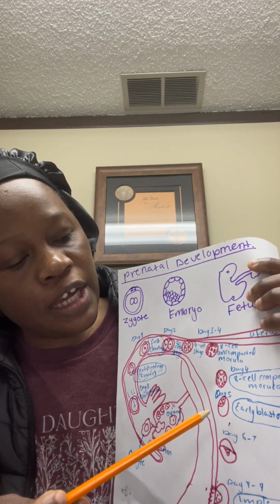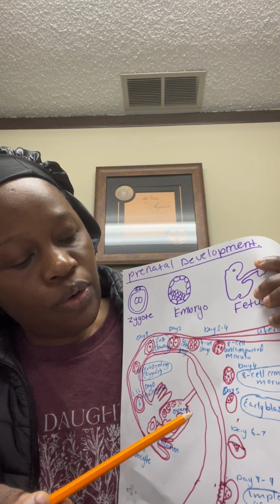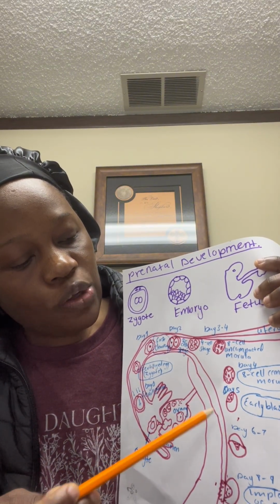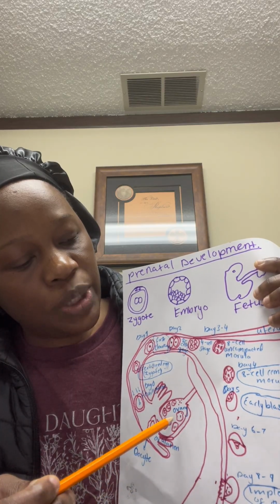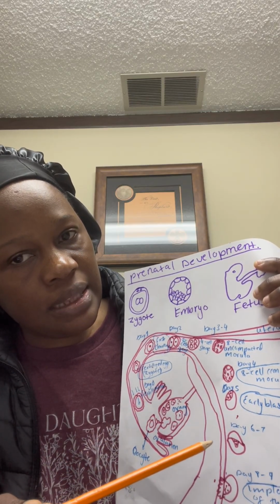The fourth stage is the early blastocyst, on day 5. All this takes place in just 2 weeks, from the first day to about the 8th or 9th day.